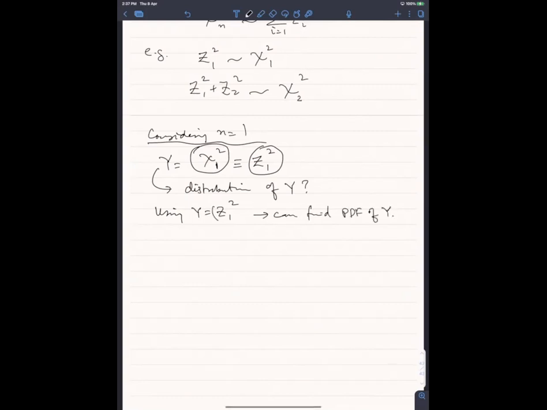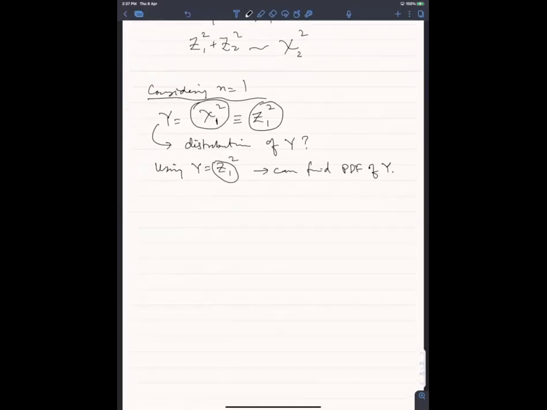Why? Because we know the PDF of z1. If you know the PDF of a random variable, you can easily find the PDF of a function of that random variable. So it turns out that the distribution of y is a gamma distribution with parameters 1 by 2 and 1 by 2.